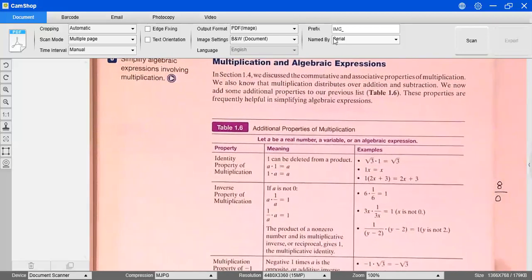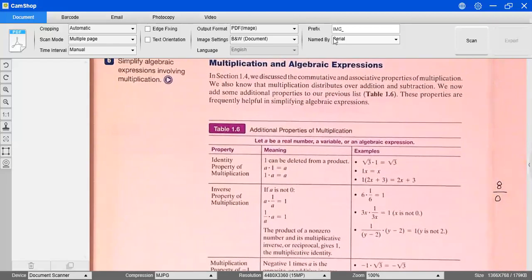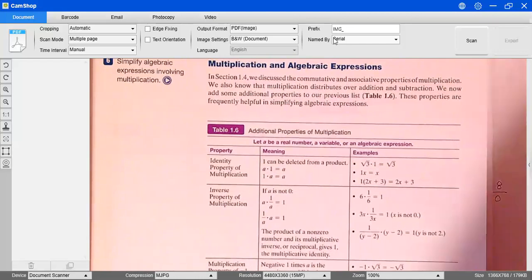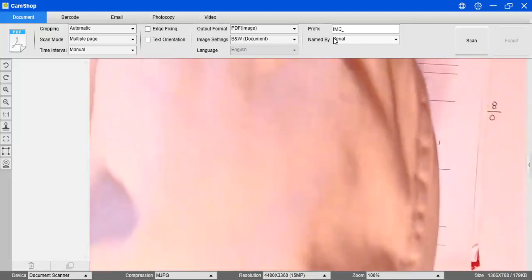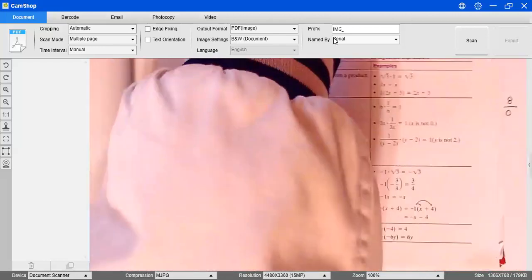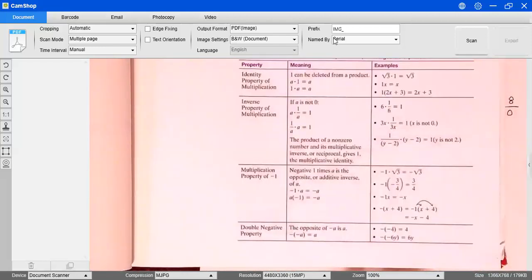So read these, but the important properties are the ones that we covered before. These properties are: identity property, inverse property, the property of multiplying by -1, and the double negative property.